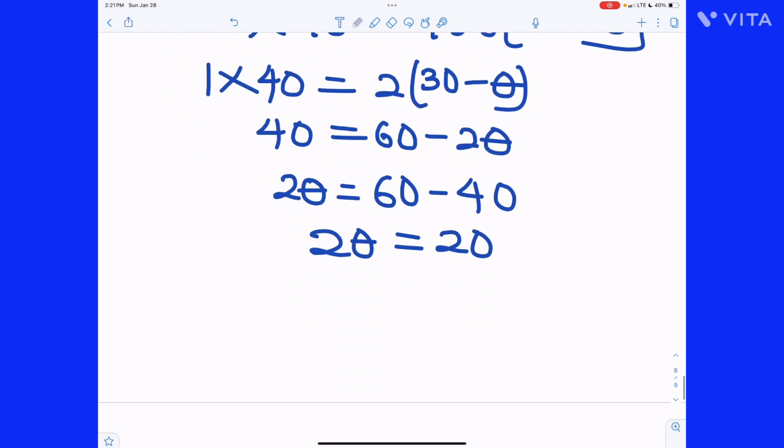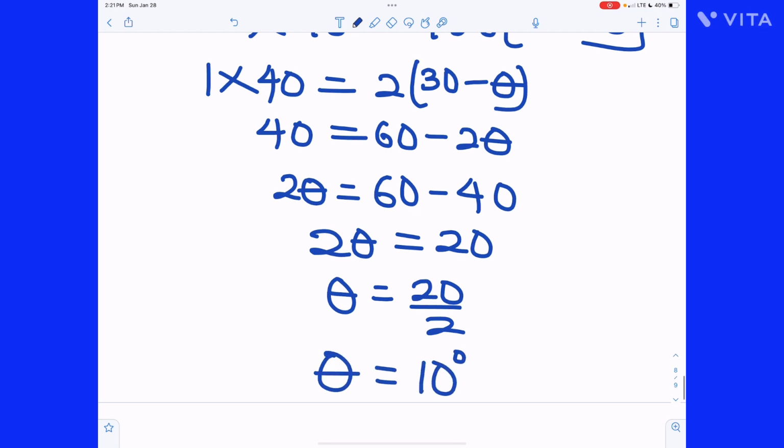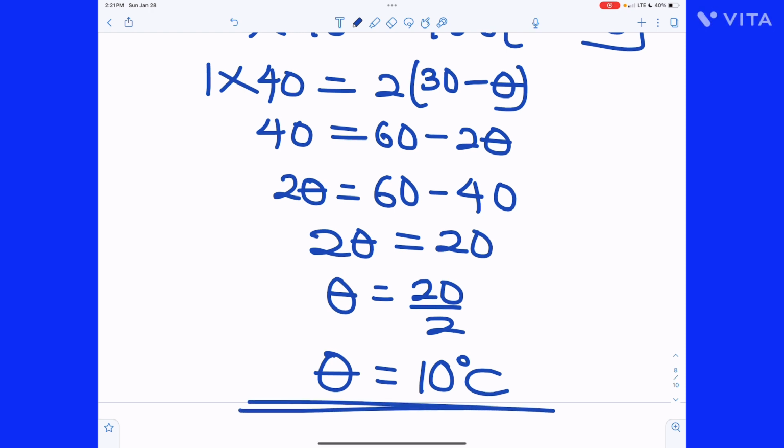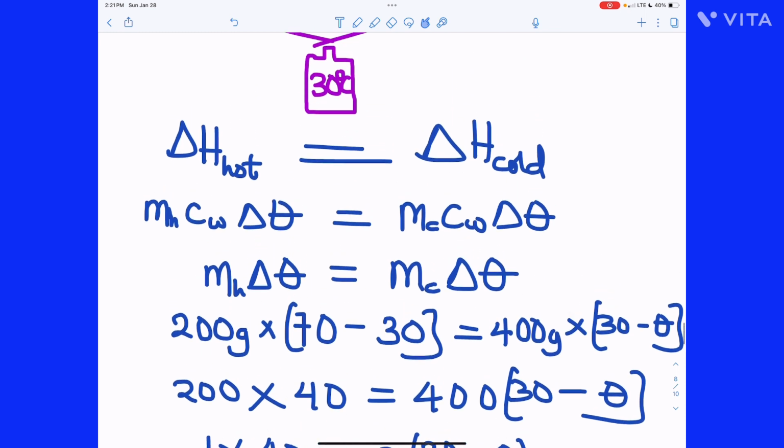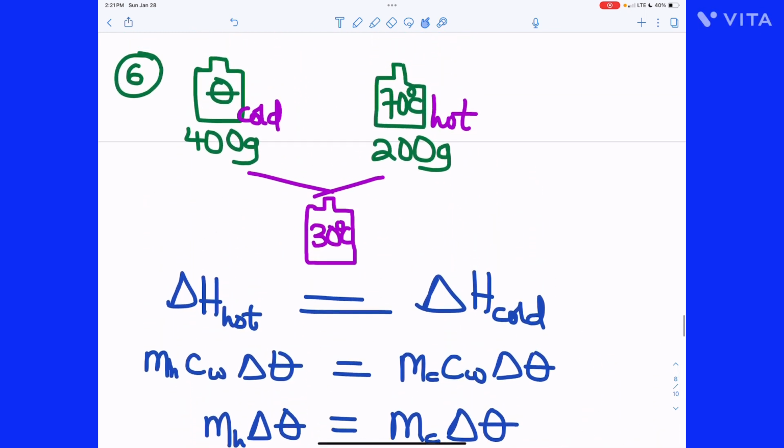And theta is 20 over 2. Theta is 10 degrees Celsius. So that means the cold water increased in temperature from theta to 30.